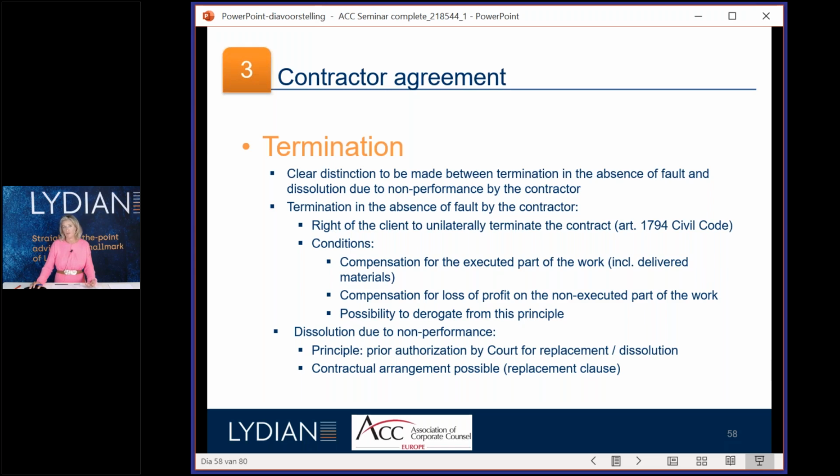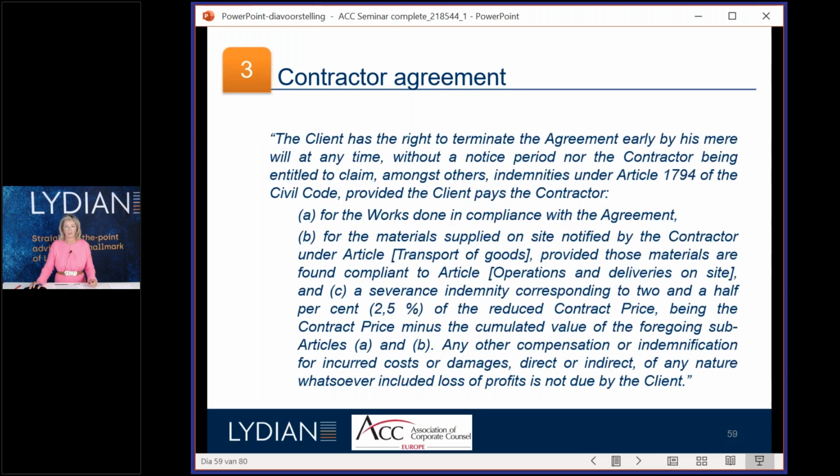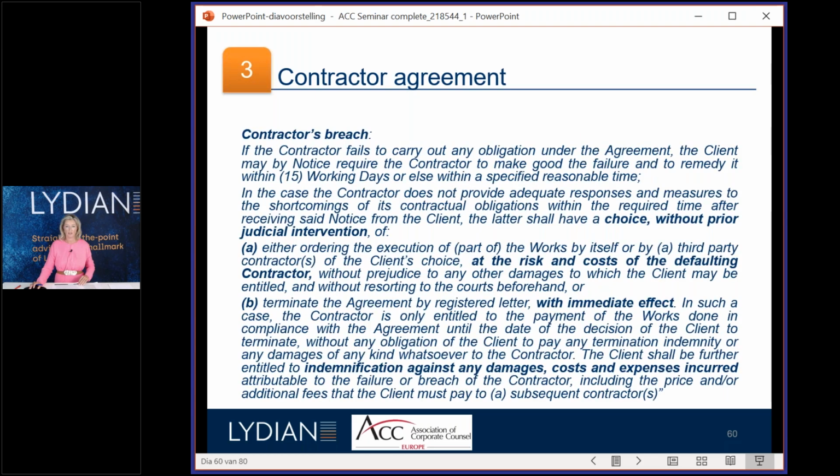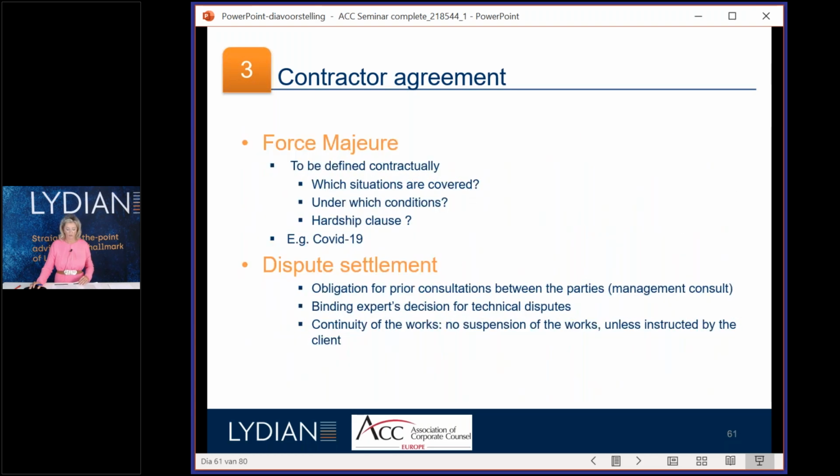But it is possible, once again, to derogate from this principle and to foresee a replacement clause in the contractor agreement. I refer to my slides. We have added some good clauses with respect to termination of the contract.